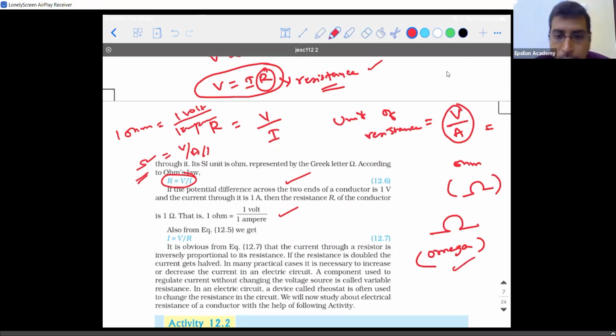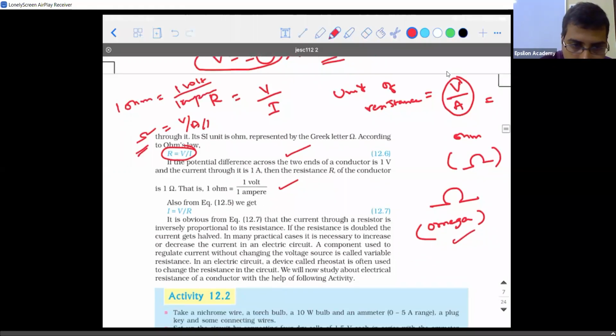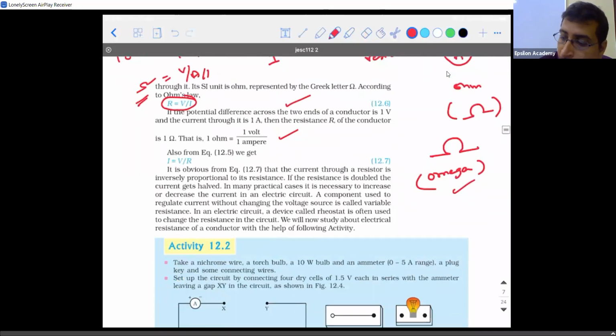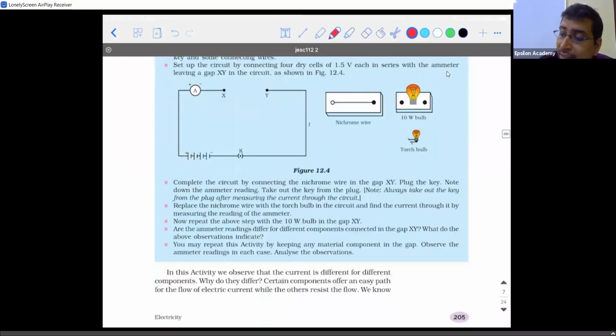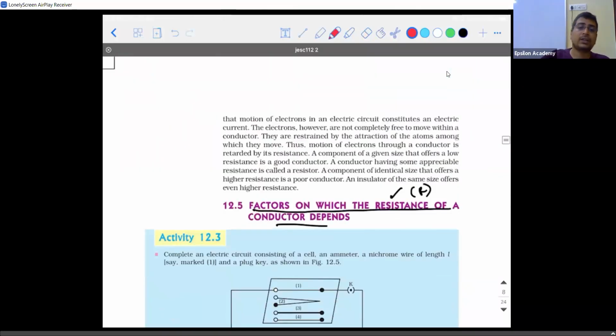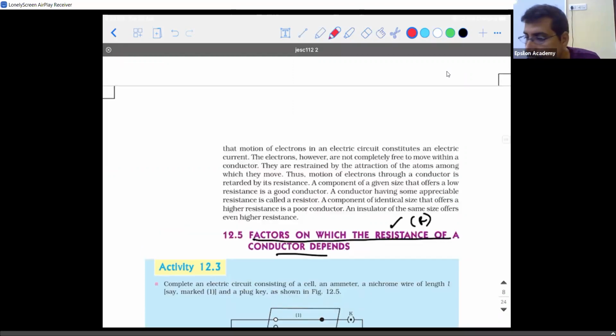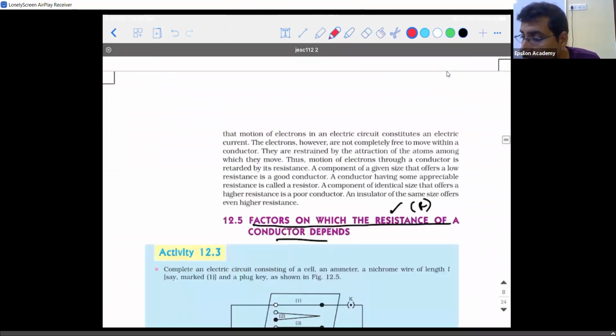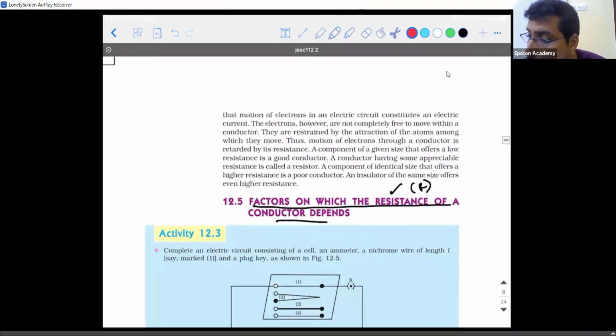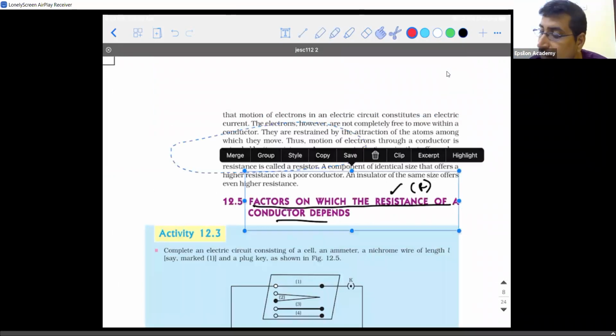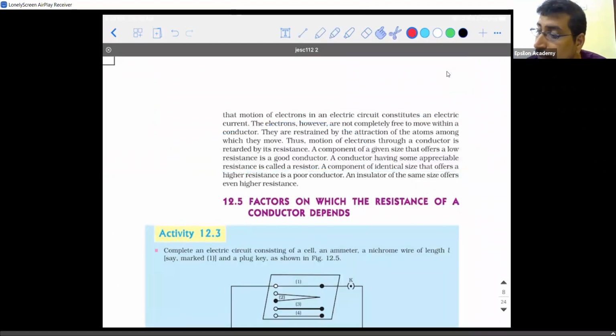Right? Now what we are going to see is what exactly is resistance and what are all the factors on which resistance is going to be dependent. So write down the heading as factors on which the resistance of a conductor depends.